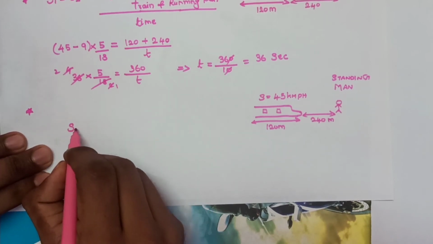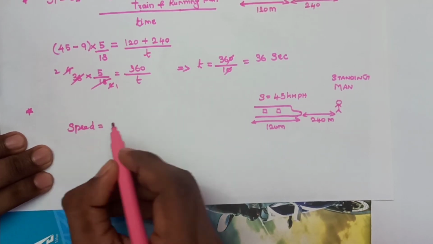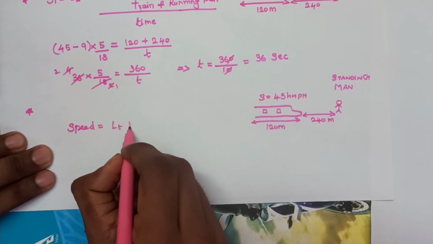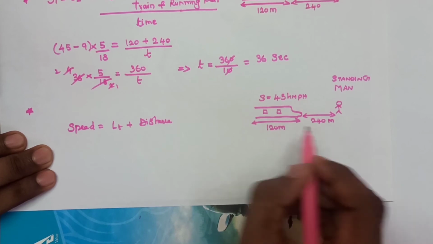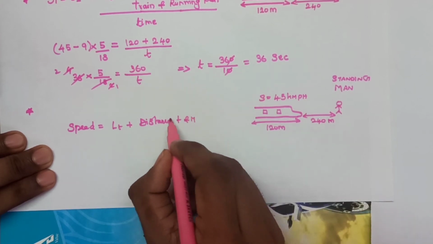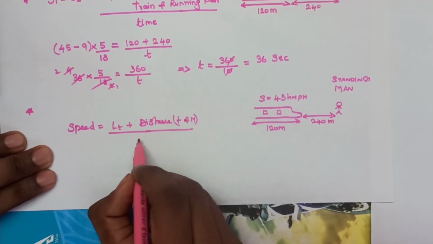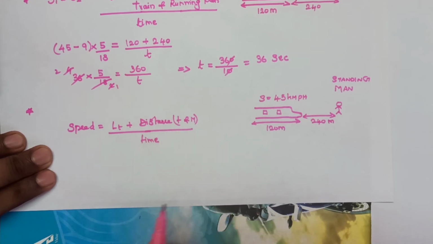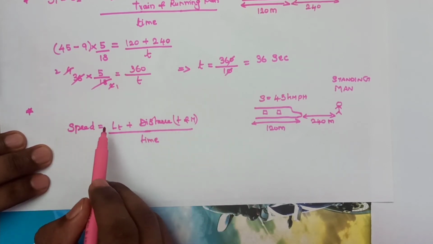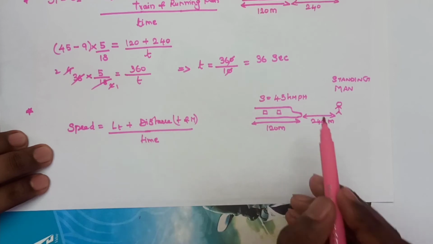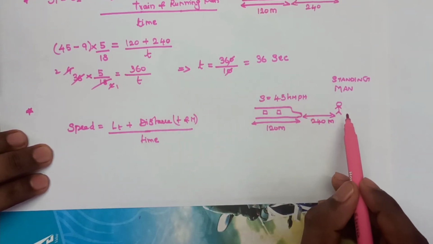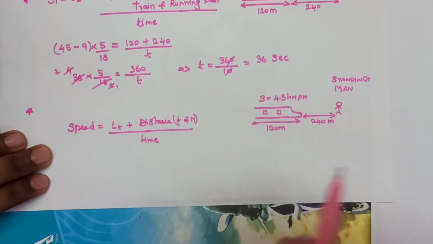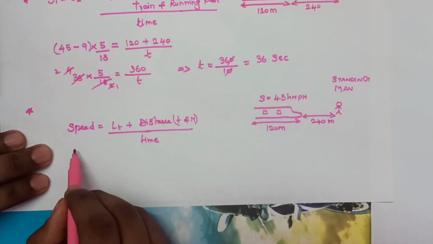So speed equal to distance, that is length of the train plus distance in between train and man, right, divided by time. Here we don't want to subtract speed 1 and speed 2 because we have only one speed, that is the train speed here. Here it is a standing man, not a moving man. You have to be conscious with this, right?